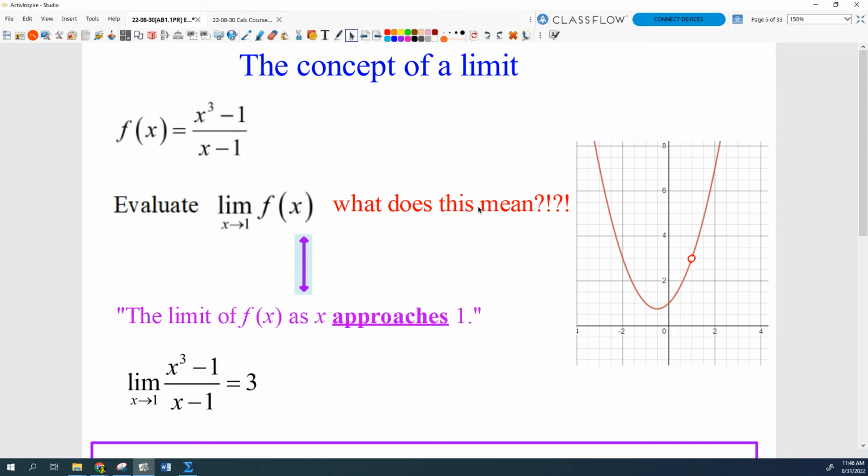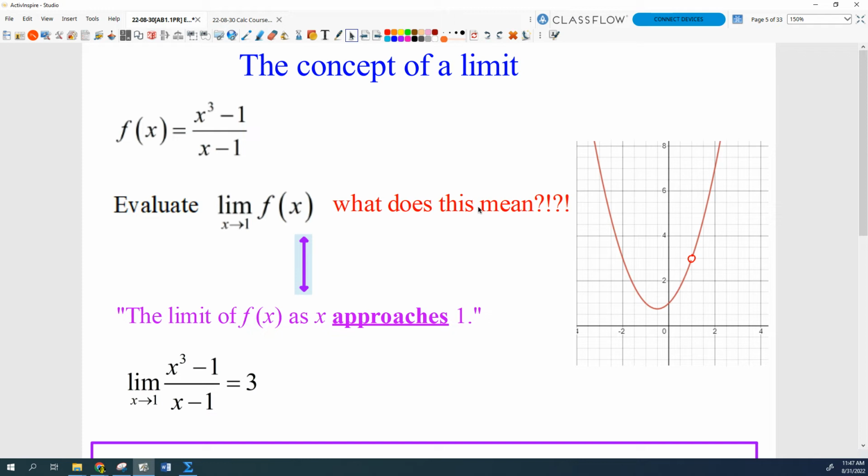Now, when I get to x equals 1, the function is actually undefined, but here's the most important thing to remember about limits. Any questions so far? Let me pause for a second. I want to make sure everybody's okay with that concept. When we talk about the value of a function, f of x is just a fancy name for y, right? So the value of the function is always just going to be the y coordinate on a graph. It's the y value of the function, okay?